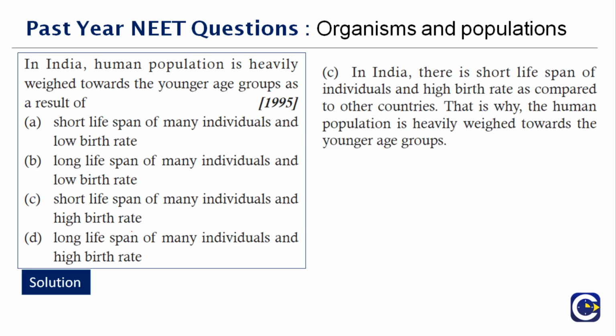So the question clearly asks us that the human population is heavily weighed towards the younger age groups as a result. So when there is a short lifespan of individuals, but at the same time you also have high birth rate, so there's some balance in it. Even if the span of the life is short, since there is a good birth rate, they are somehow compensating it. Therefore, the right answer to this question is option C.